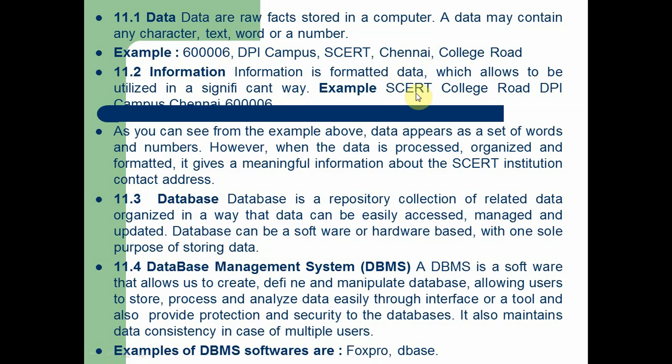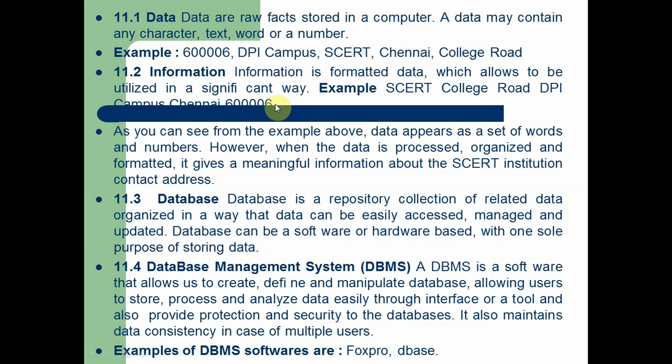For example, SCERT, College Road, DPI Campus, Chennai 600006 is the address of a technical institute of the education department, SCERT. As you see from the example above, data appear as a set of words and numbers. However, when the data is processed, organized, and formatted, it gives meaningful information, that is, the address of the SCERT.